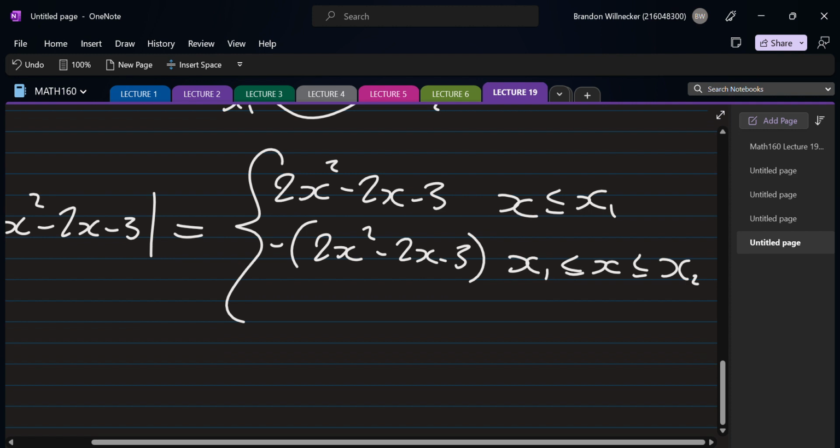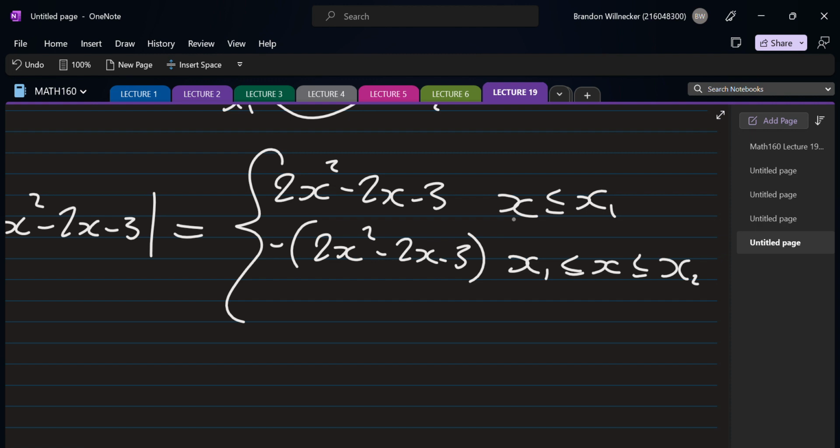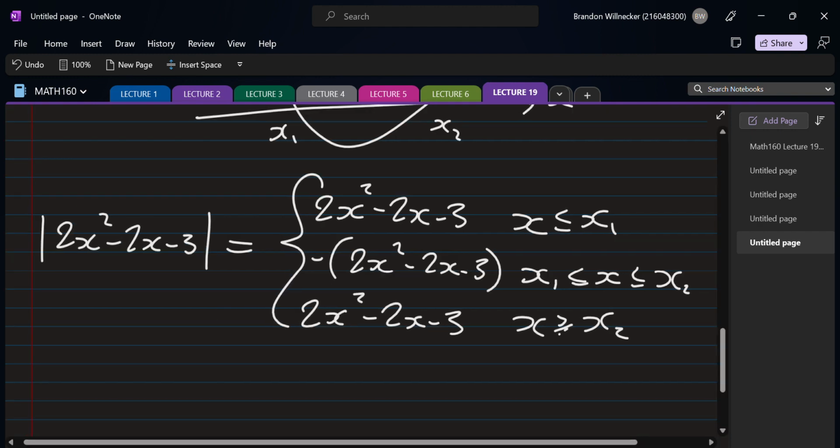And finally, after the second root, the parabola is again positive, so we don't need to do anything. We can just write it as is. And this is after the second root. So we have the three regions, and since we took the absolute value, whatever's on that right-hand side is guaranteed to be positive. So we don't have to worry about any signs there.